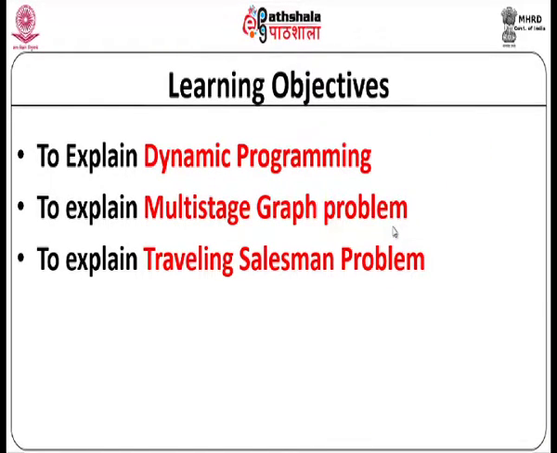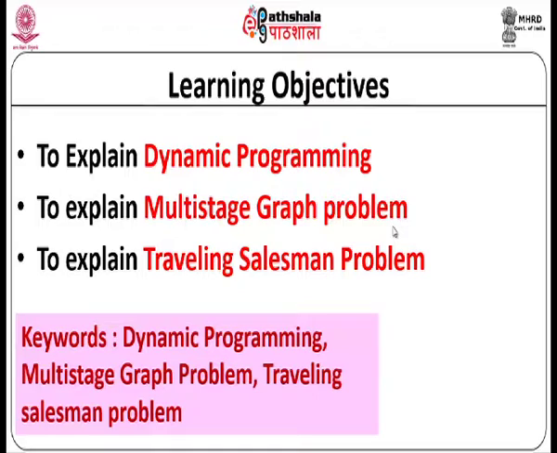Then we are going to discuss the traveling salesperson problem, which is a very popular problem in the computer science domain. So, we will discuss the traveling salesperson problem first, then we will discuss the multi-stage problem, then we will see how the multi-stage problem can be modeled to solve the traveling salesperson problem also.